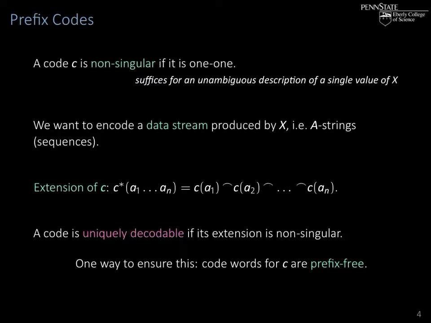And if that's the case, then we speak of a prefix code, or you also find the notion of instantaneous code. Instantaneous because you don't need to read the whole code word to reconstruct just an initial segment of it. Once you've seen it, and because of the prefix freeness, you can reconstruct this bit by bit, so to say.